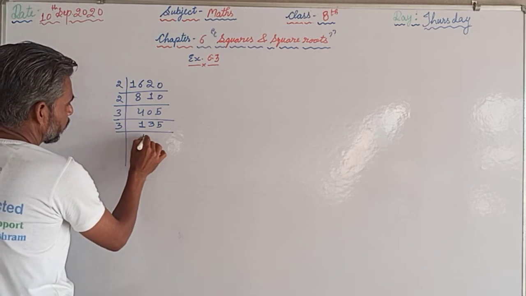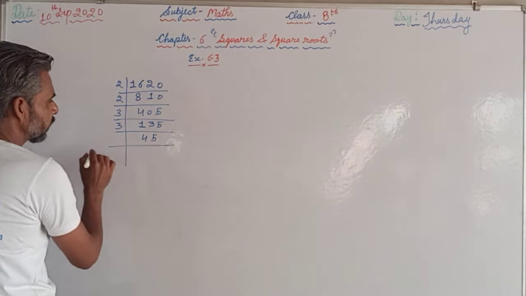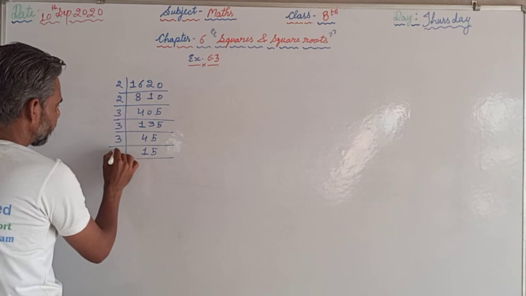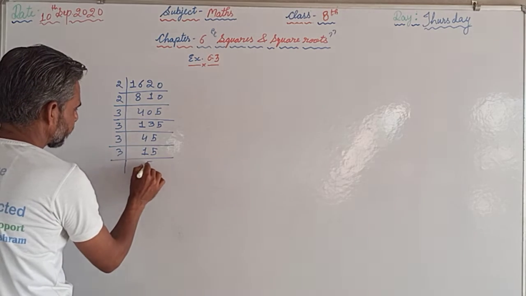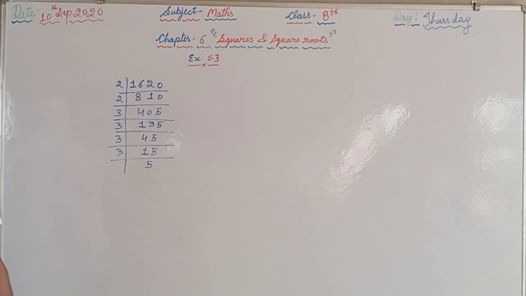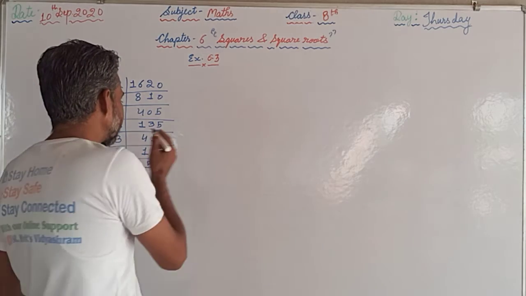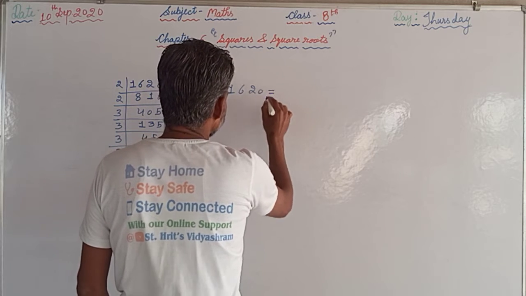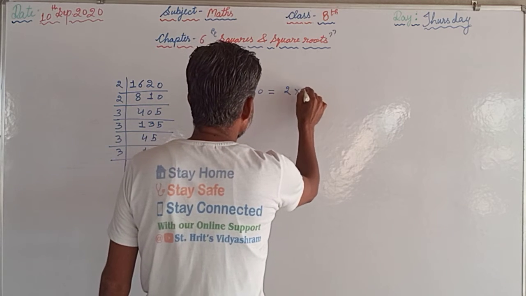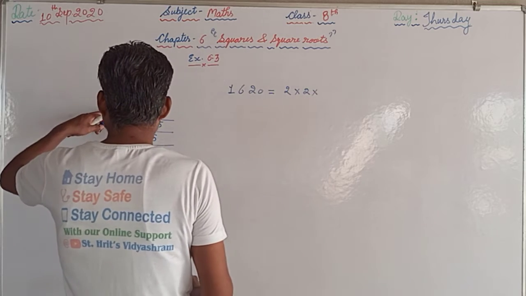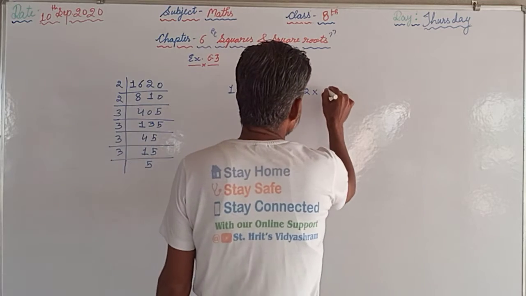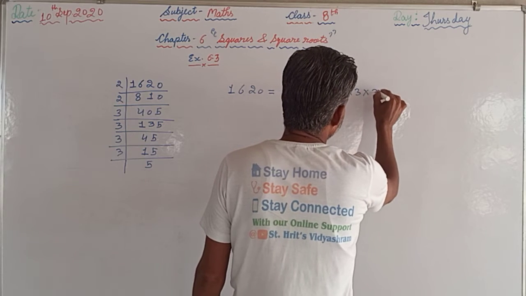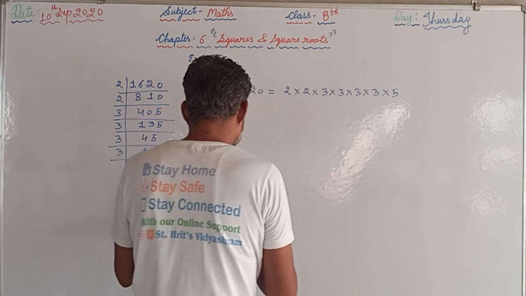3 4s are 12, 3 5s are 15. Again this can be divided by 3, and again by 3. Now we will write the prime factorization of 1620, and that can be written as 2 into 2 and 4 times 3 and 1 time 5.